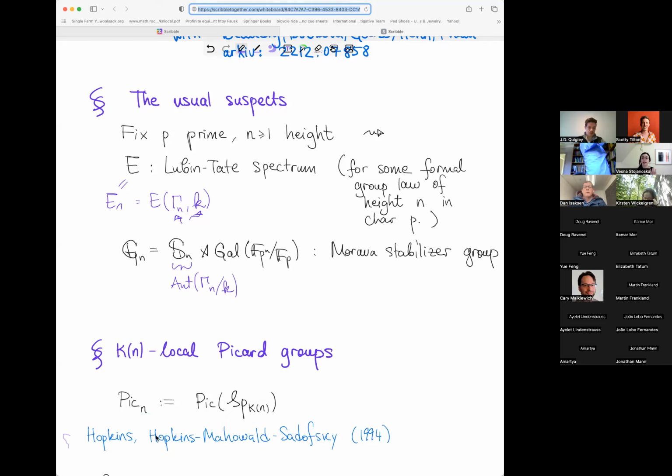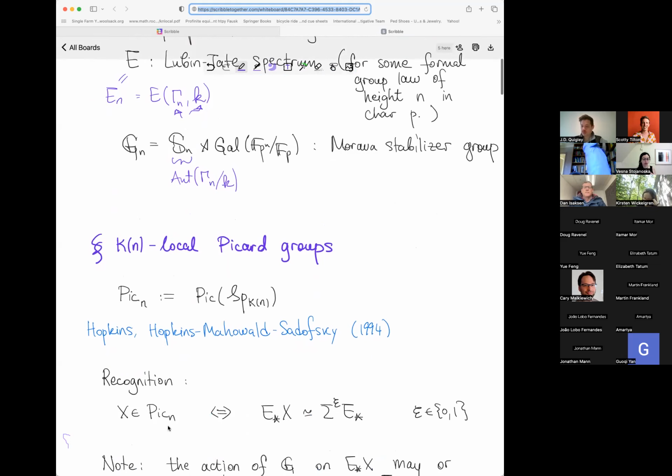so Z, there was only a Z worth of invertible things. But in the Kn-local world, there's much more stuff. This paper by Hopkins, Mahowald, and Sadofsky from 1994 is the first foray into this wild world of Kn-local invertible things that appears to be a gold mine for interesting mathematics.